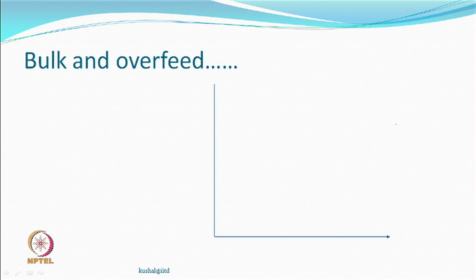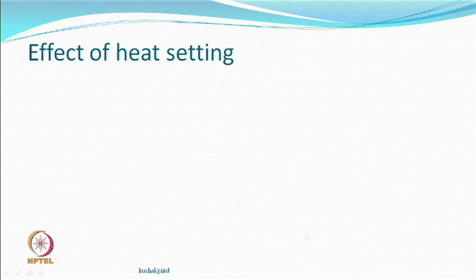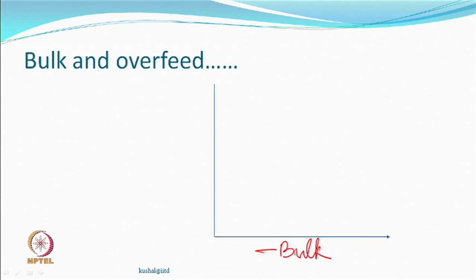Suppose now we understand what is bulk and what is overfeed. Somebody has done some experiments, somebody has done some other experiments, increasing this, increasing that, and taken all the data, and after that you say, well, here I am putting the value of bulk, and here, just one sec, what I am doing now, instability.